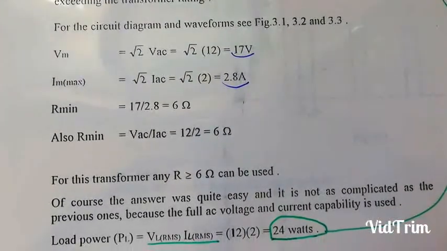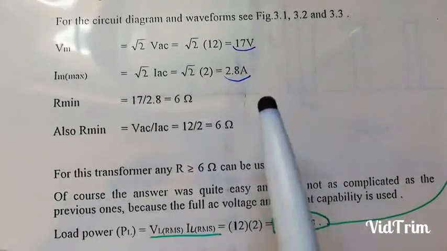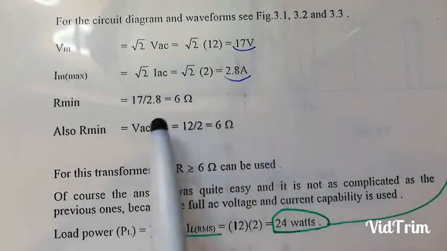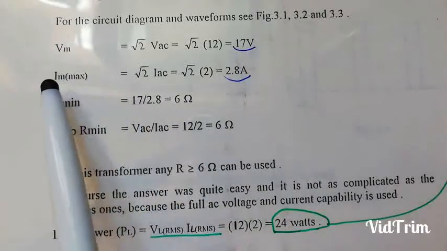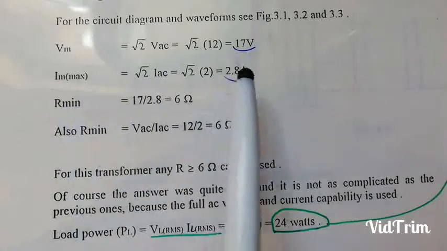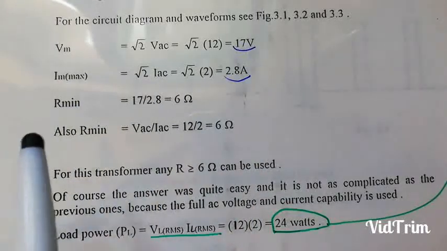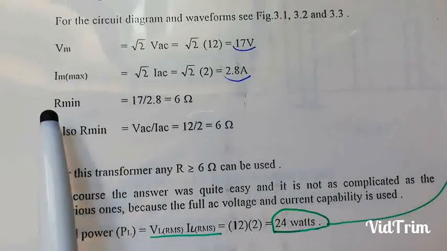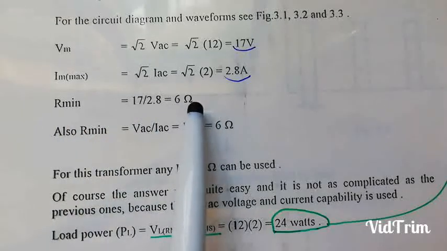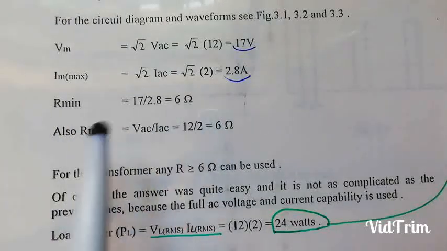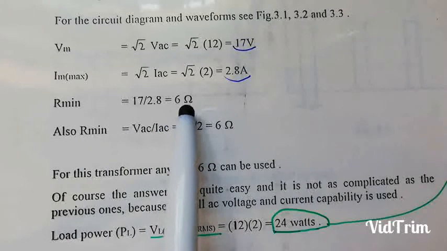So clearly the peak voltage will be 17 volts in such a case. Okay, the IM max, that's the peak current, equals 2.8 amps. The minimum resistance that we are allowed to have is 6 ohms. Okay, less than that means you are stretching your transformer and exceeding its specs.